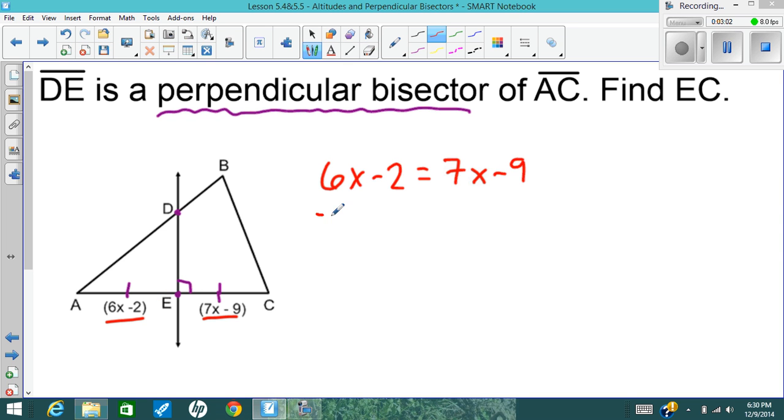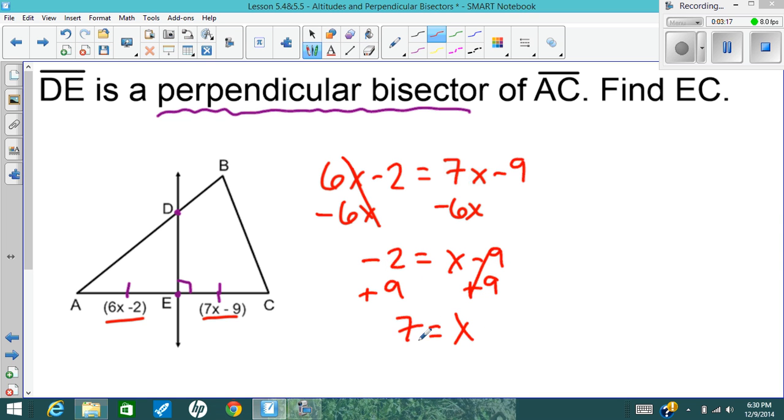We can solve for X. We can get X to be 7. Now we want to find the length of EC, so we'll plug that back in here.